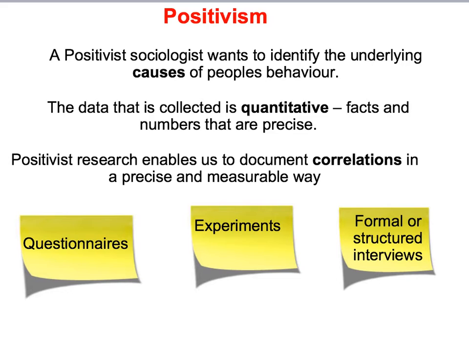And positivism focuses on aspects of social behaviour that can be directly observed and measured. So the preference within this school of thought is for quantitative research methods. And these quantitative research methods enable the sociologists to document correlations in a precise and measurable way.